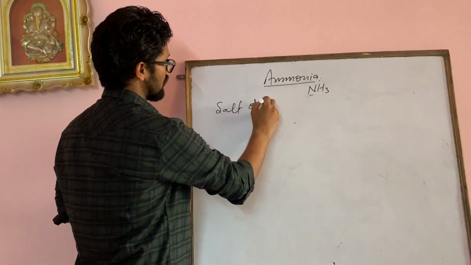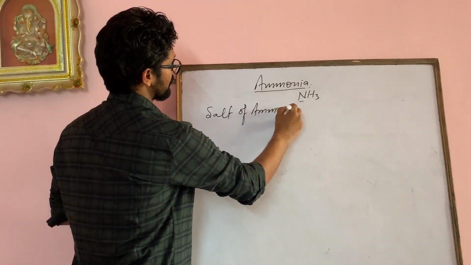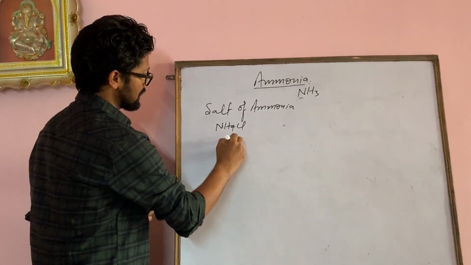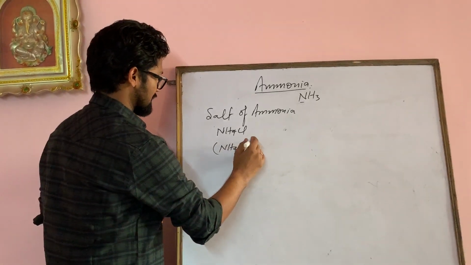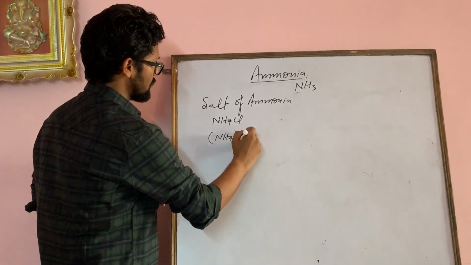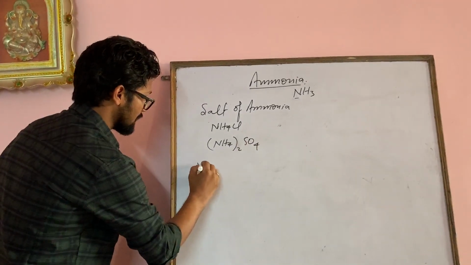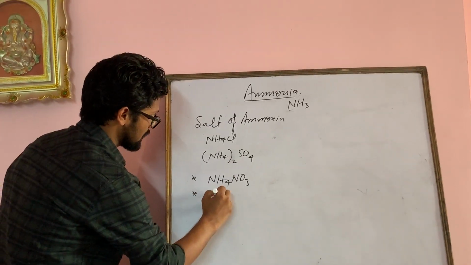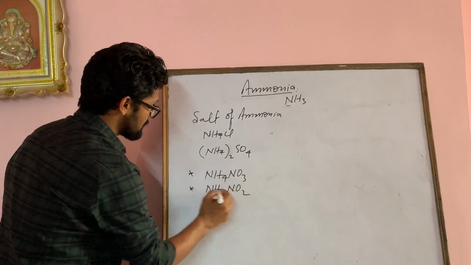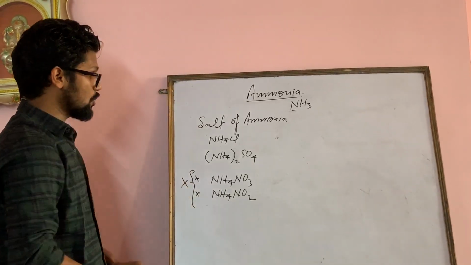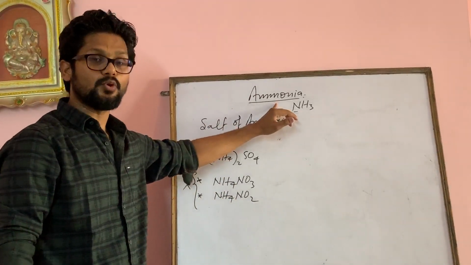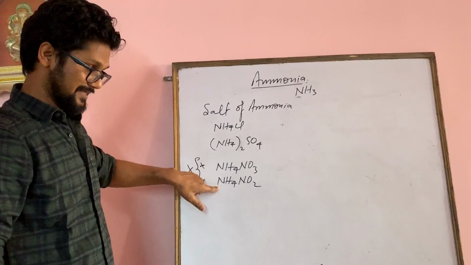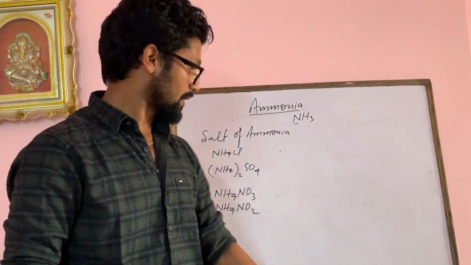Salts of ammonia means you can take NH4Cl, you can take ammonium sulfate, you can take ammonium nitrate, you can also take ammonium nitrite, but these 2 are not used for the preparation of ammonia. Try to understand the reason why. This is called ammonium nitrate, this is called ammonium nitrite. Why are these two not used?